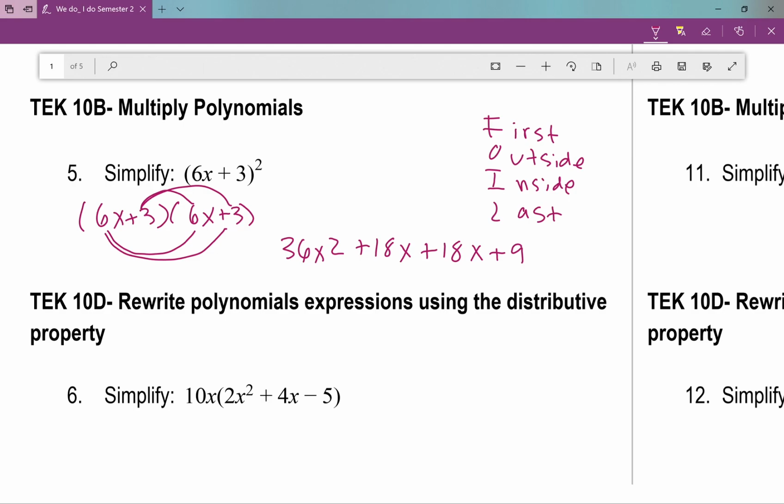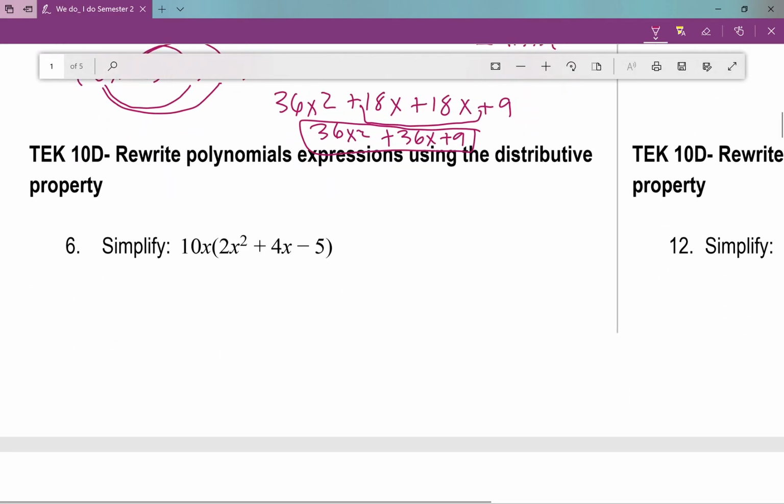And our like terms are these two middle ones, 18x plus 18x, which gives us 36x. So I have 36x squared plus 36x plus 9. That is my answer. Just combine like terms.